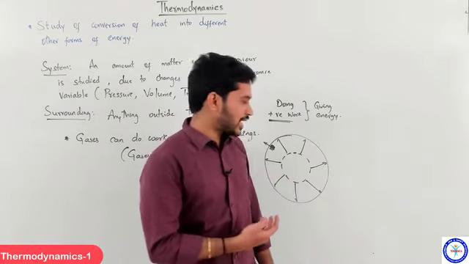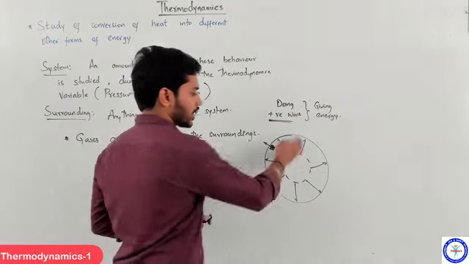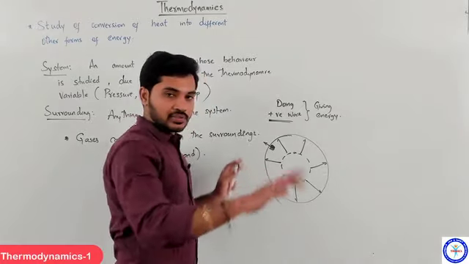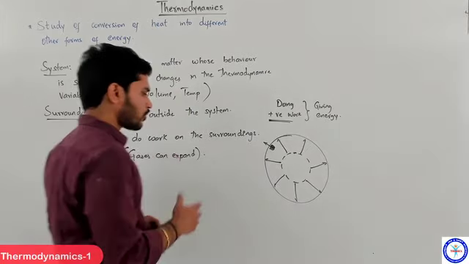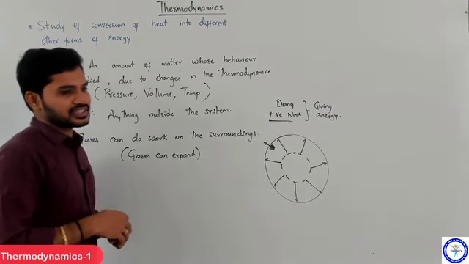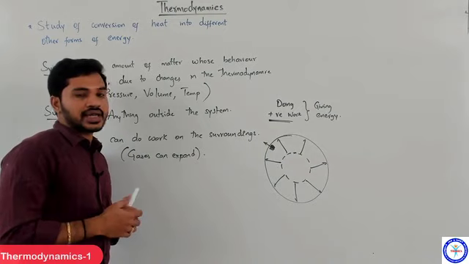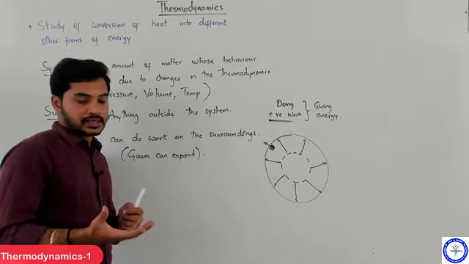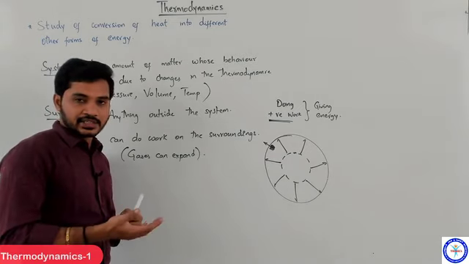But when it comes to gases, because gases can expand to larger volumes, they can do a large amount of work on their surroundings. Clear? So in this chapter, mostly thermodynamics, although we can study solids and liquids also, we mostly deal with gases: how gases react to the energy given to them, how they utilize that energy.